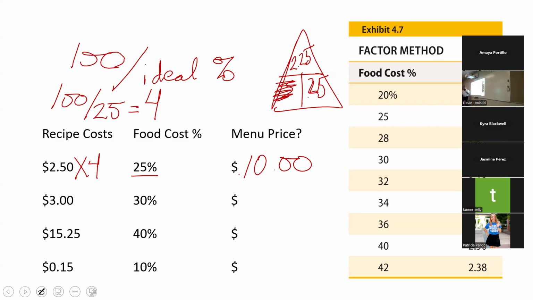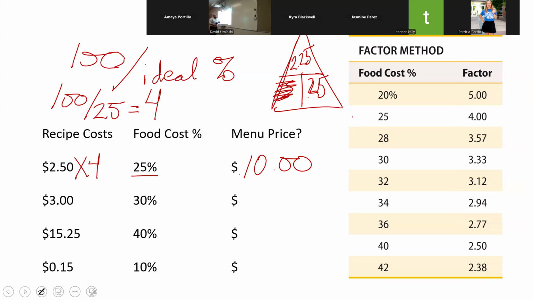Now, when we get to other factors that are more decimal related, it's not necessarily as easy to do in your head. So for example, if we look here, 20%, 25%, those are all even up to 40%.